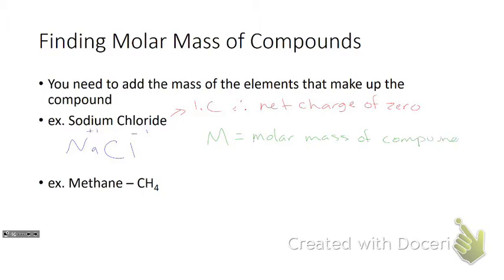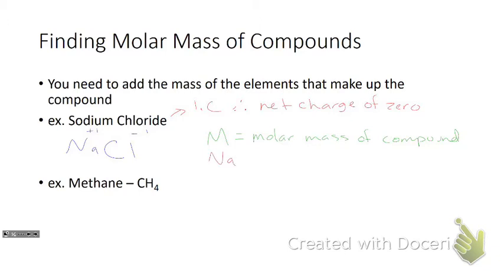So to find the molar mass of the compound, we need to first find the molar mass of each element in the compound, okay? So we'll start with sodium.